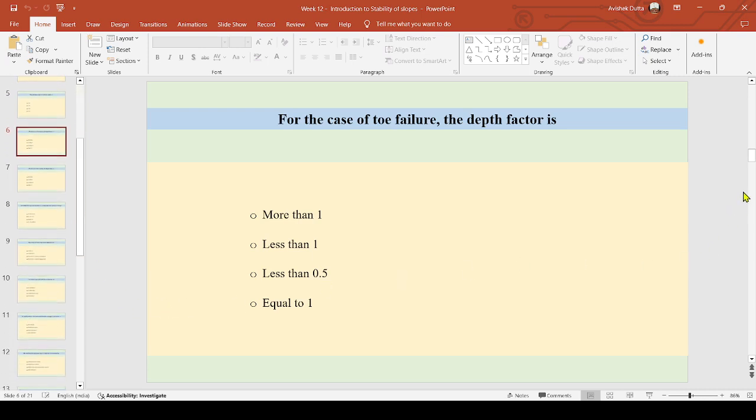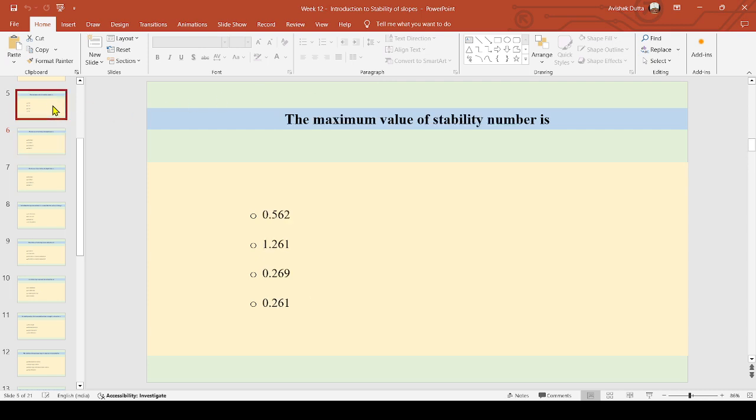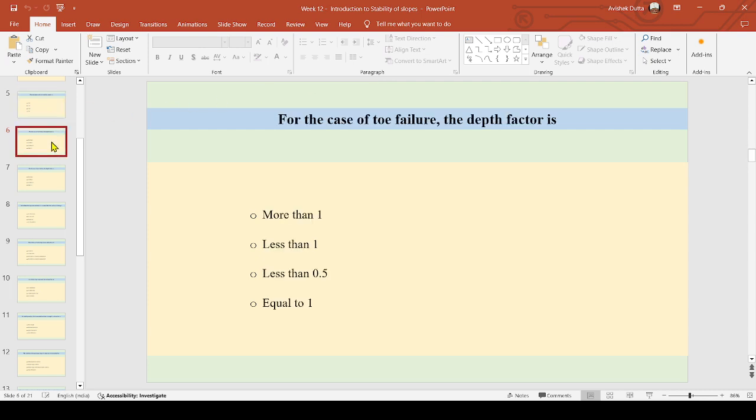For the case of toe failure, the depth factor is, the options are more than 1, less than 1, less than 0.5, or equal to 1.